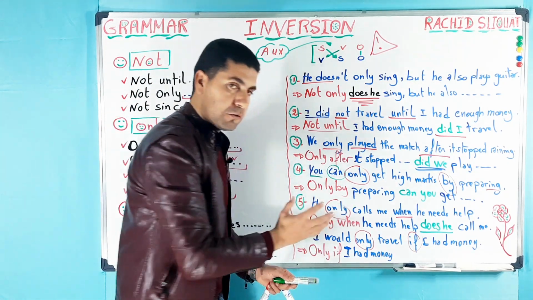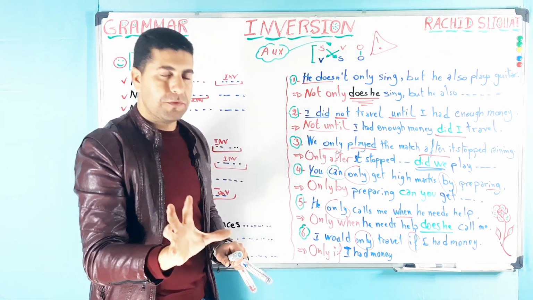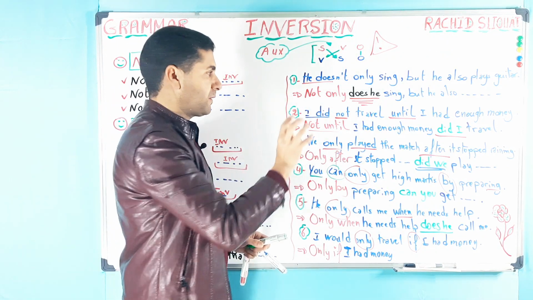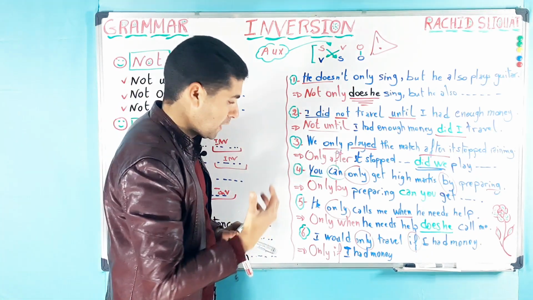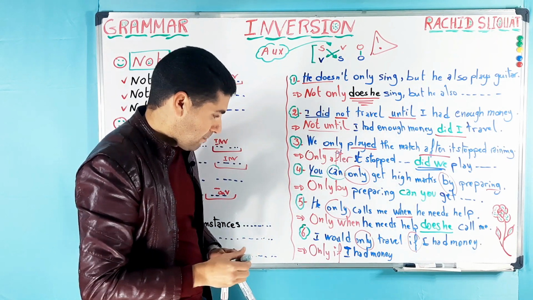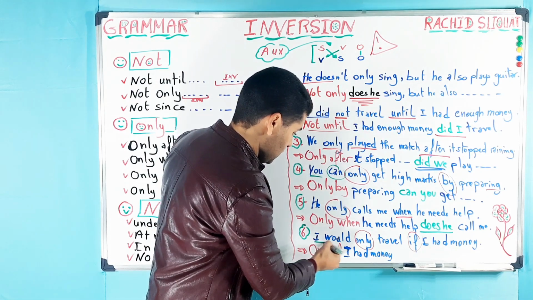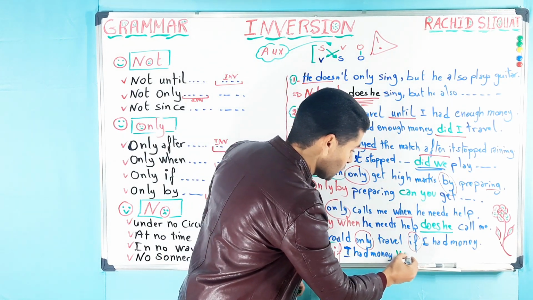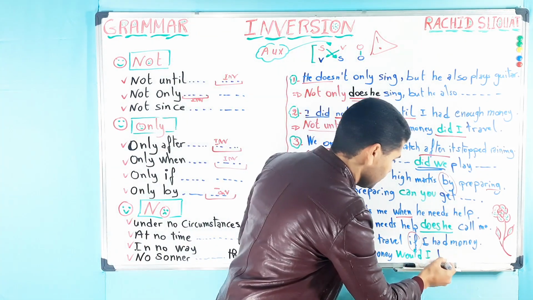When the sentence is in present simple, we use the auxiliary verb of the present simple, and when the sentence is in past simple, the auxiliary verb in past simple. So this is what you have to keep in mind. Only if I had money, here we have to inverse, as I said before, I and would. So we are going to say, would I travel.